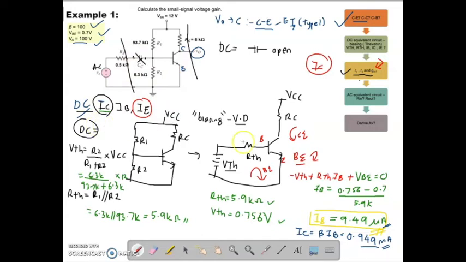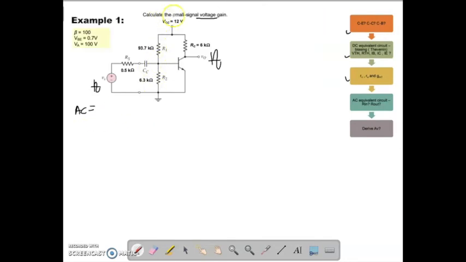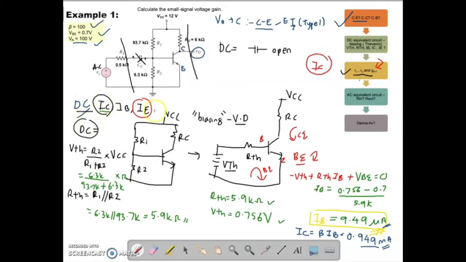Why do the DC equivalent? To find the value of your IC and follow to the small signal parameters. Now, to check whether it is amplified or not, you need to change to the AC equivalent. The keyword here: in the AC equivalent, your capacitor needs to be shorted, compared to the DC equivalent, where your capacitor is open.